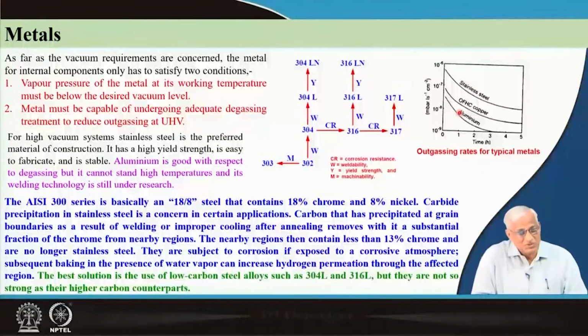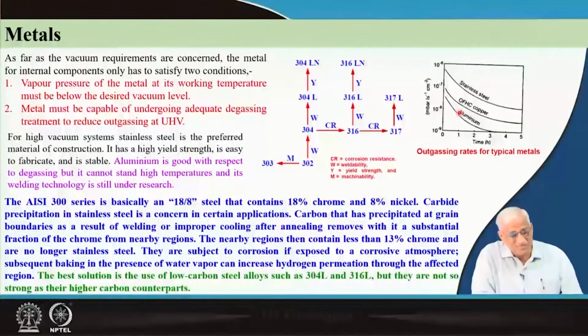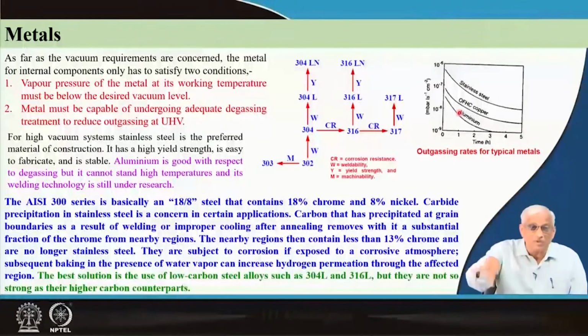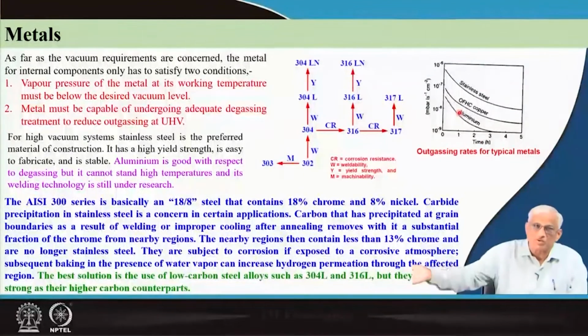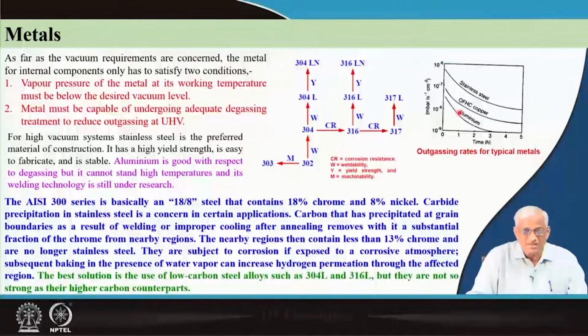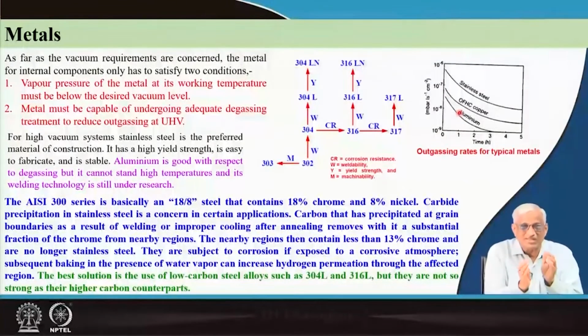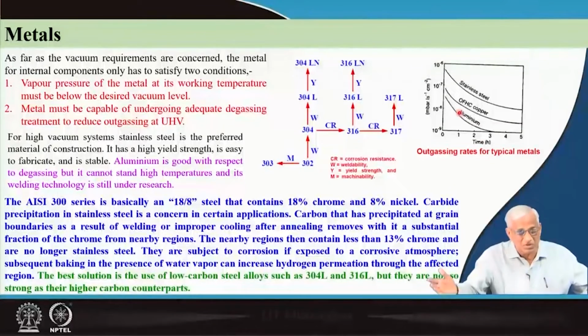So welding is not possible, and aluminum cannot stand high temperatures, but it is ideal for manipulated materials inside the vacuum chamber. So different materials have different roles to play. Copper is very good for feedthrough materials, where you can pass high current from outside to the inside. There are applications for every material in vacuum, but some in small quantity, some in big quantity.